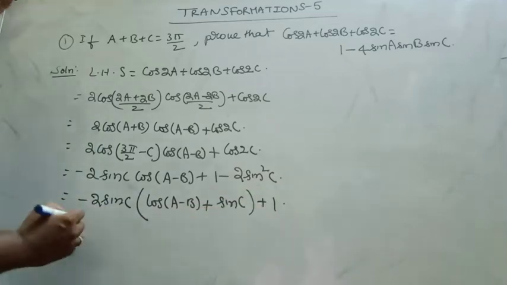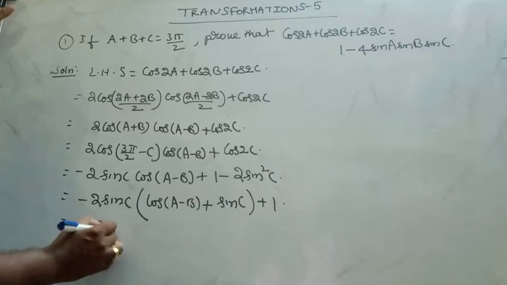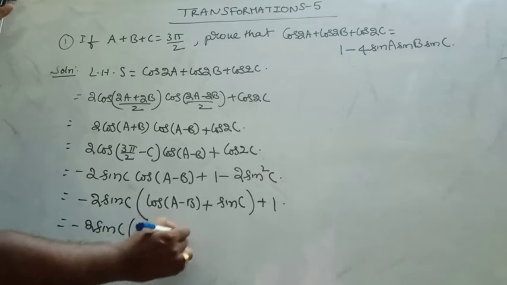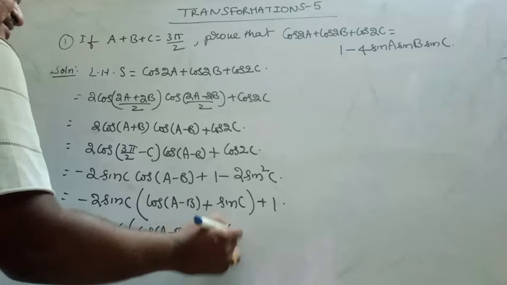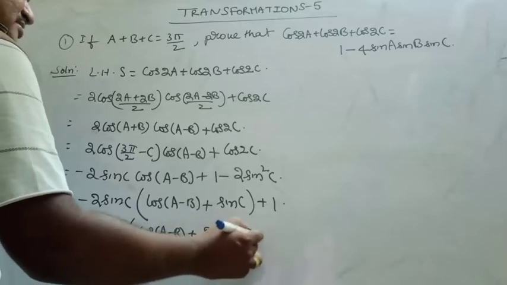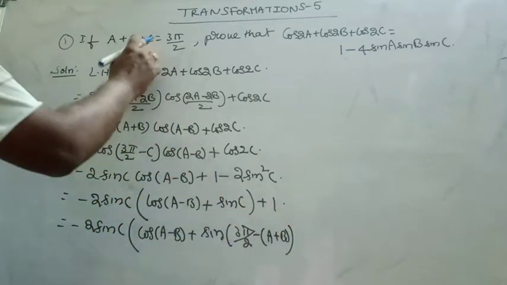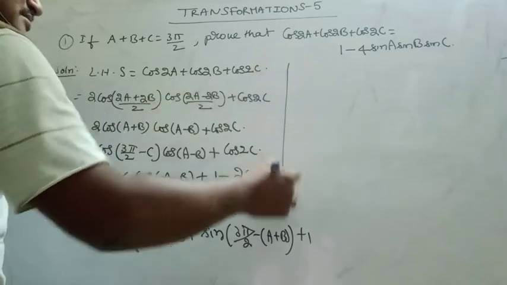Now you see my dear students, this is nothing but minus 2 sin c into cos of (a minus b) plus sin c, that is nothing but sin of 3 pi by 2 minus (a plus b), because c we can write as 3 pi by 2 minus (a plus b), okay, plus 1, like this, right?